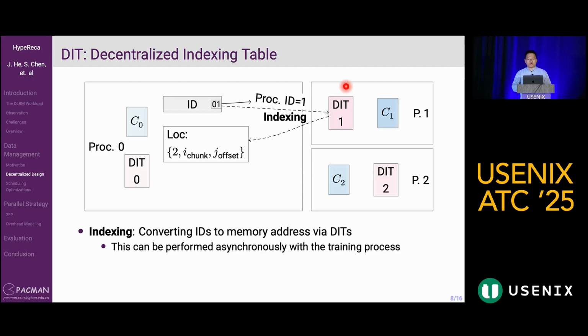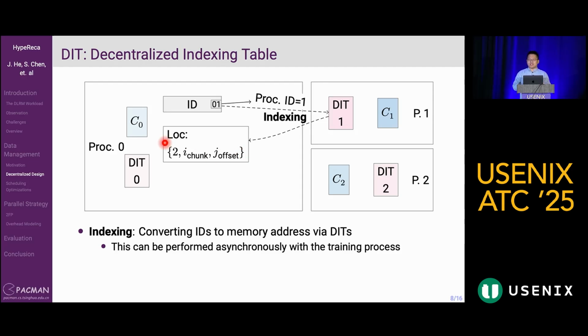Then second, we query the DIT actually to get the location information of this item. By querying these DITs, we can see the ID 1 has a location on device 2, and has its chunk number and its offset within a chunk. So this is the indexing process.